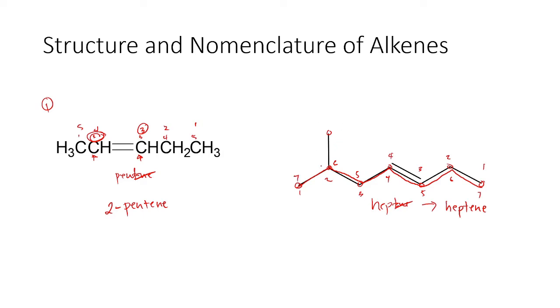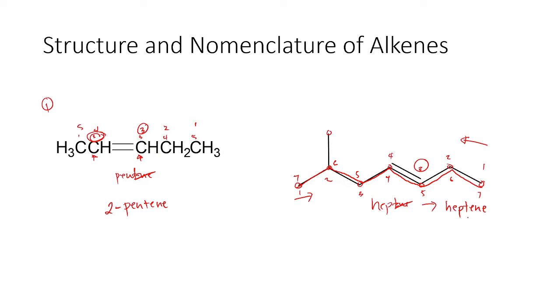Okay? So in here, since the double bond takes precedence, if we start from the left side, left to right, the lowest possible position for the double bond will be 4. And if we start from right to left, as you can see here, the lowest possible number will be 3. So we will be using that for the heptene.